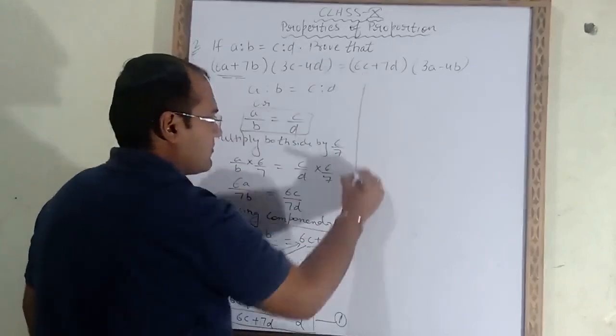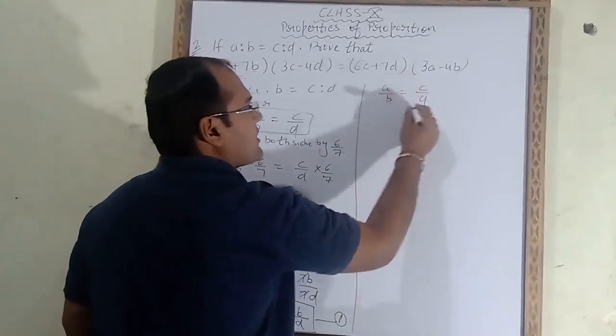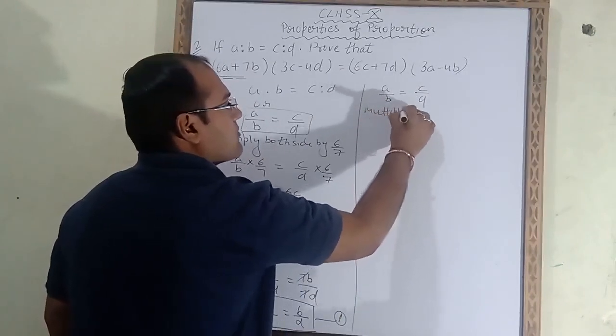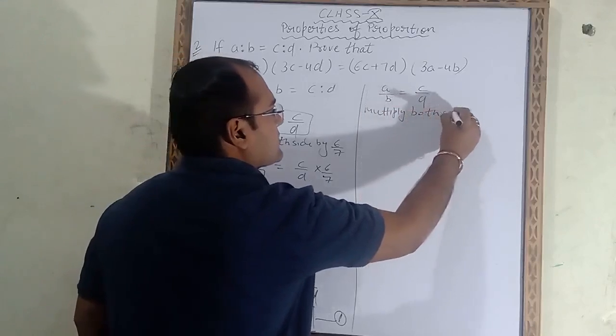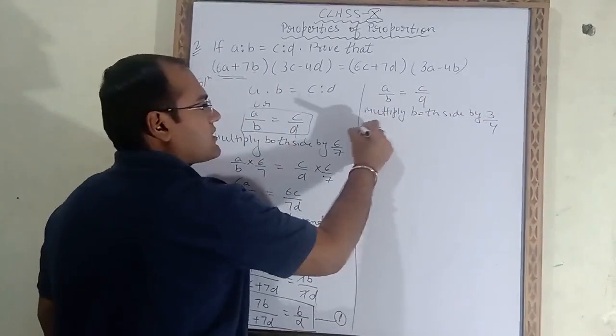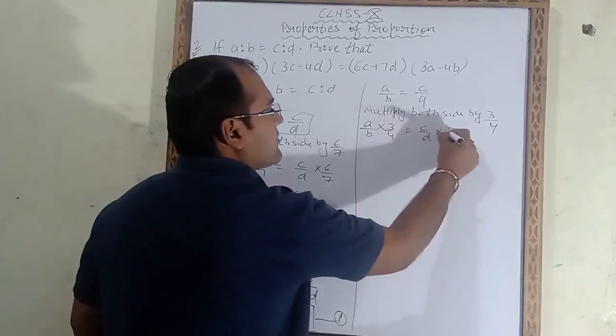So what will we do? We will use again this one, a upon b is equal to c upon d, and multiply both sides by 3 upon 4. That means a upon b multiplied by 3 upon 4, and c upon d also multiplied with 3 upon 4.